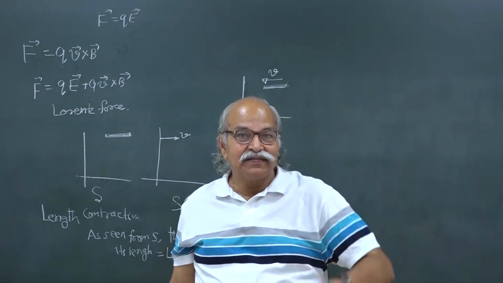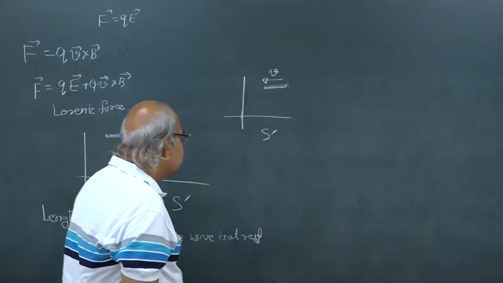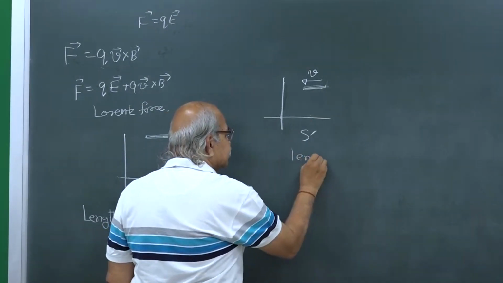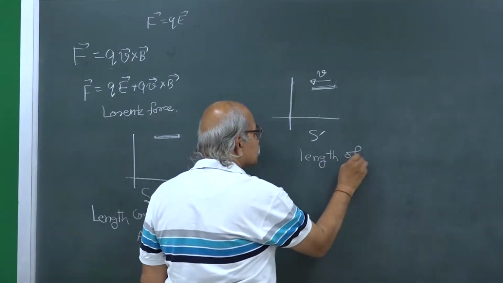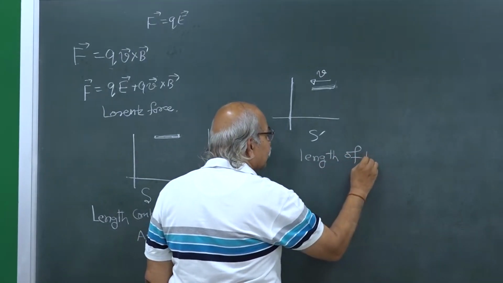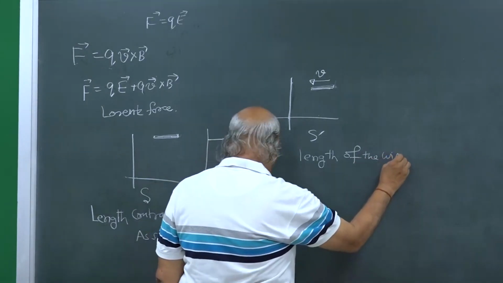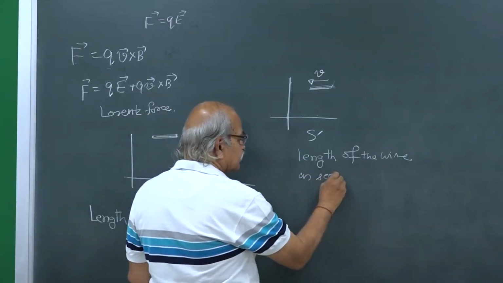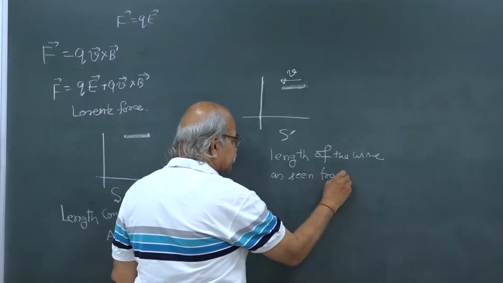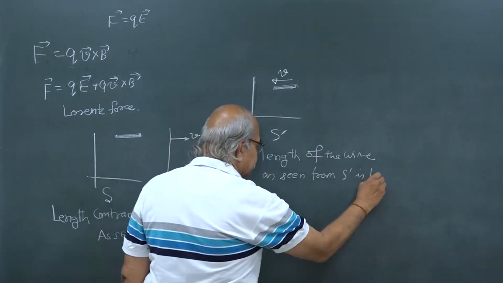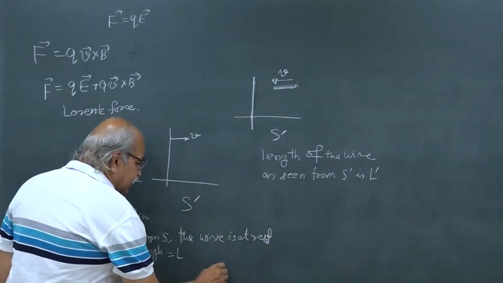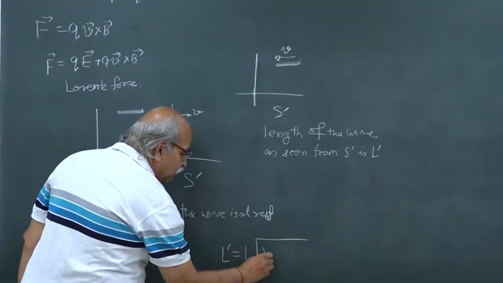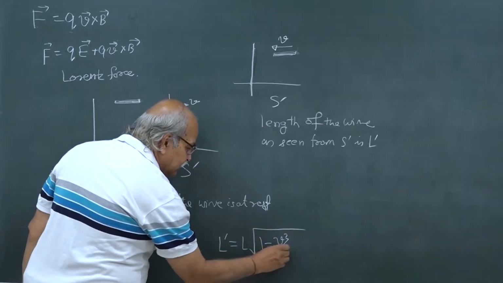It comes from the special theory of relativity: the length of the wire as seen from S prime is L prime, which is different, and the rule is L prime equals L times the square root of 1 minus v square by c square.